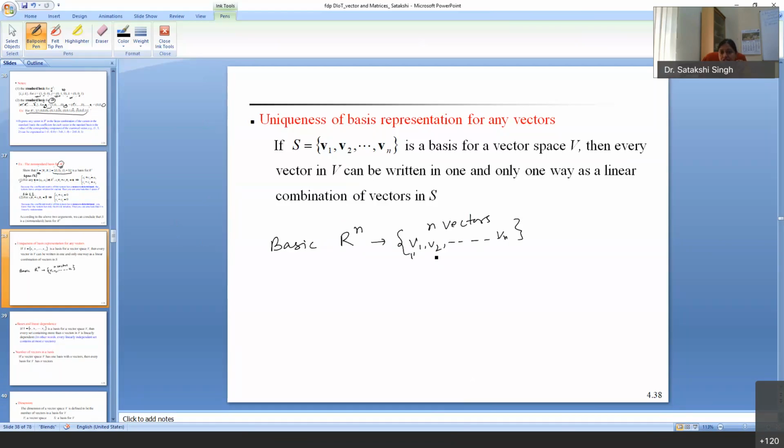So these vectors may change, but their quantity will remain the same. That means there will be only n vectors in the basis of an n-dimensional vector space Rn.